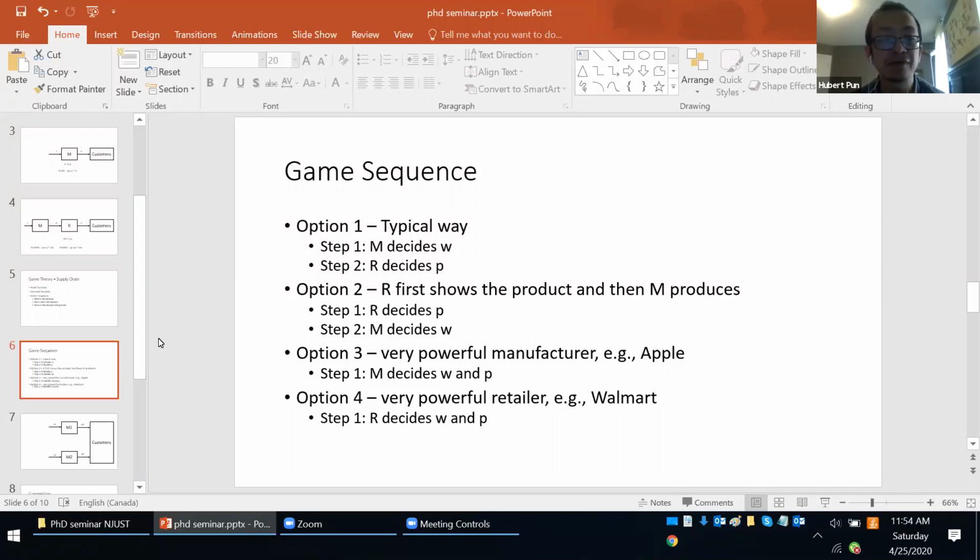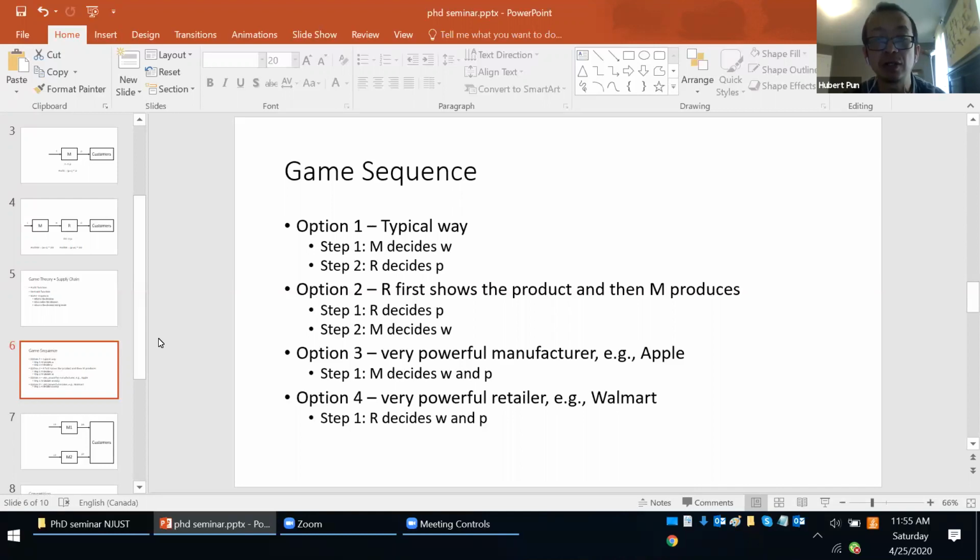You have a press release telling customers that you now have a good idea about a new product, and you are going to charge a price P. Then the customer thinks, wow, this is an interesting concept. Then you outsource the production to the manufacturer, and the manufacturer charges the price W. So that is option 2.